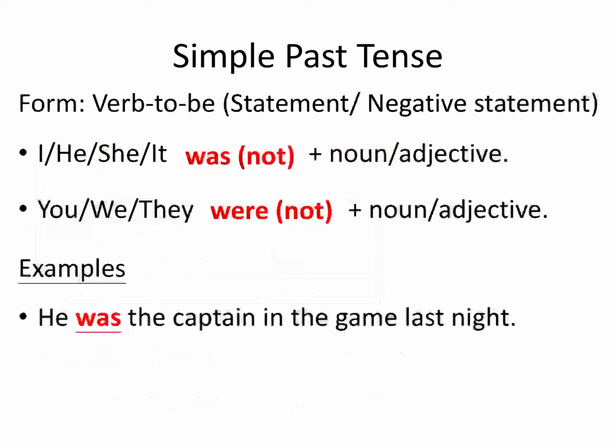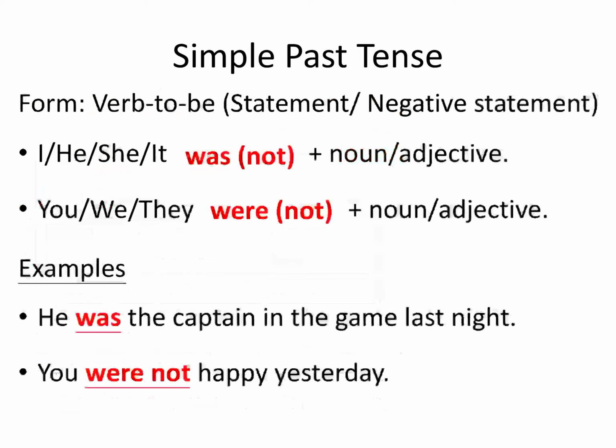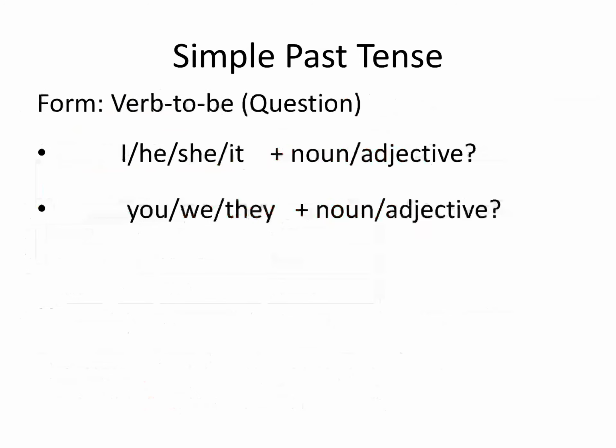Don't mix up verb to be with other verbs. Remember, after verb to be, there can only be nouns and adjectives. Examples: he was the captain in the game last night. After the verb to be was is the noun the captain. And you were not happy yesterday. After verb to be were not is an adjective happy.